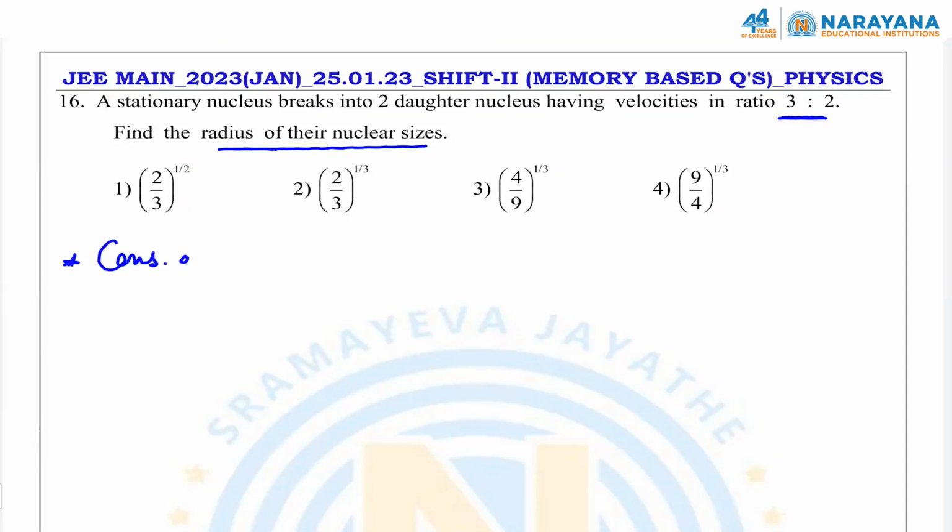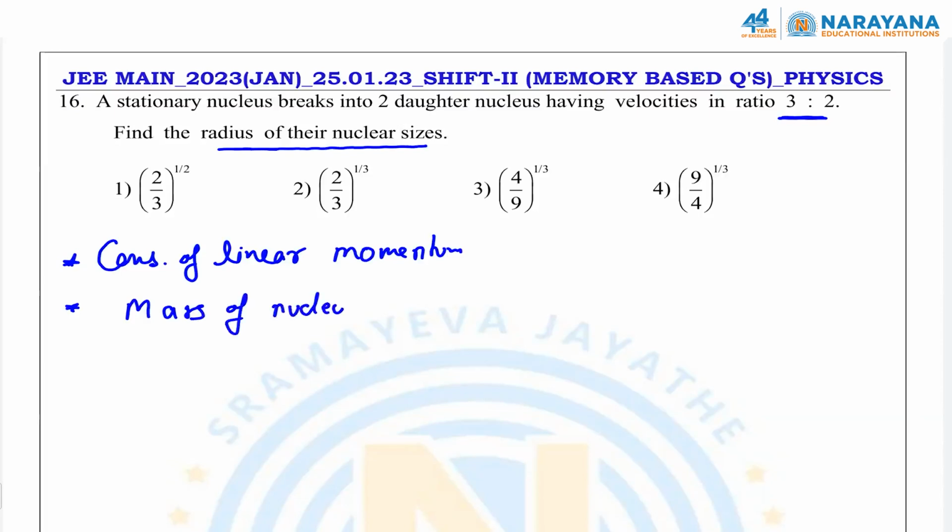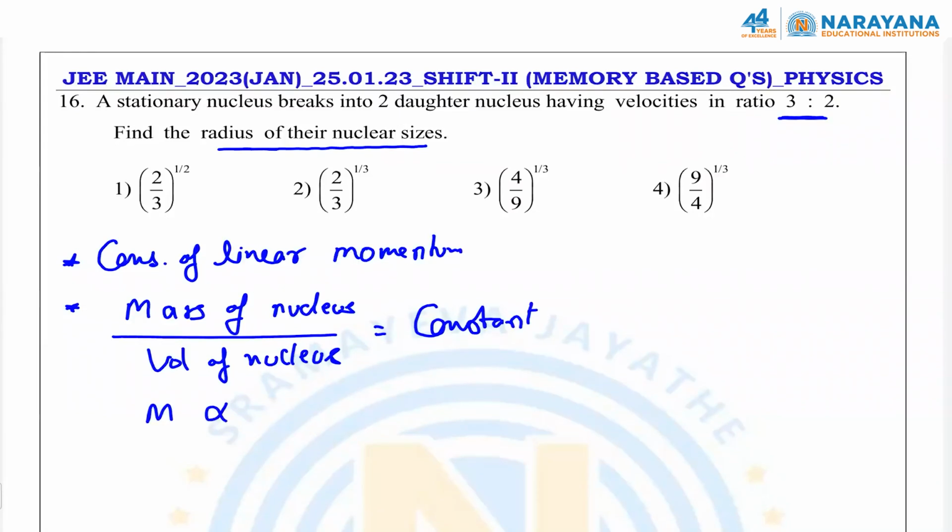First is the conservation of linear momentum, and the second is knowing the fact that mass of a nucleus divided by volume of a nucleus, that is the density of the nucleus, is a fixed value. So different nuclei have the same density. So mass is directly proportional to volume, and volume is proportional to r cube. So we can assume a spherical volume, so mass is proportional to r cube. So these two concepts we are going to use.